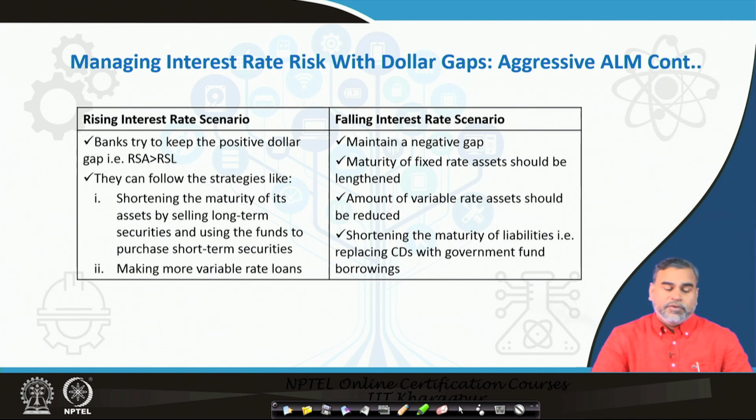Whatever long term maturity assets they are holding, they can reduce that maturity period, and whatever cash flow becomes available can be utilized to purchase more short term securities from the market. This is the first strategy they can adopt.